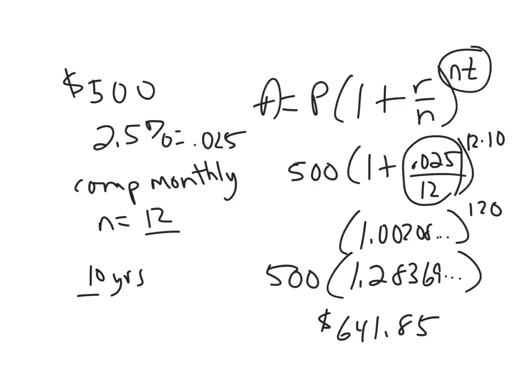Now, continuously compounding is another type of compounding where, as soon as interest is made, it's put in the bank. And so we use a number called e. It's Euler's number. And we use this formula: the amount in the account is the principal times e to the rt. You can find an e to the x button right next to the 4.